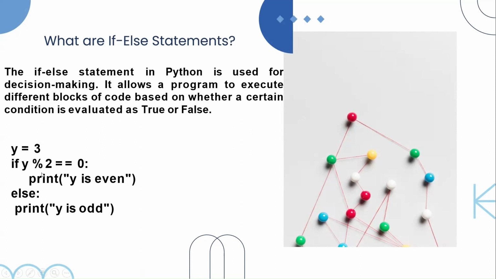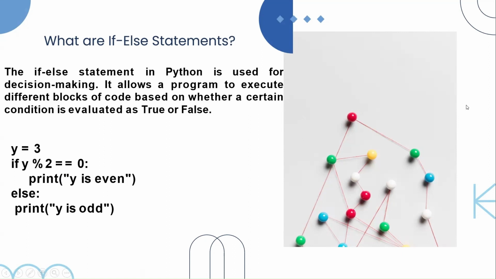If y modulus 2 is equal to 0, print y is even, else print y is odd. Here y is 3, which is not divisible by 2 without any remainder. So the condition y modulus 2 is equal to 0 evaluates to false. Therefore, the code block under the else statement is executed. So the printed result would be y is odd.